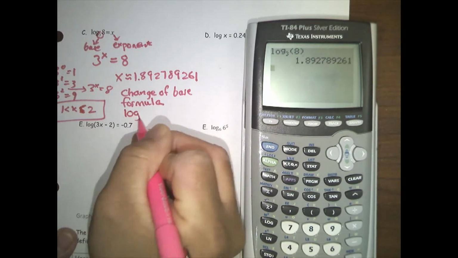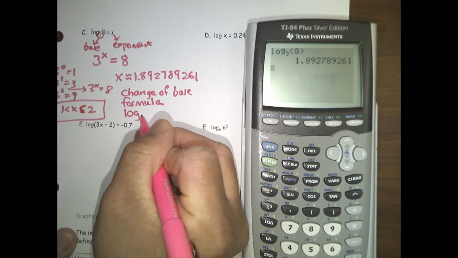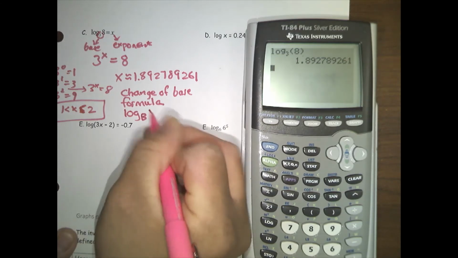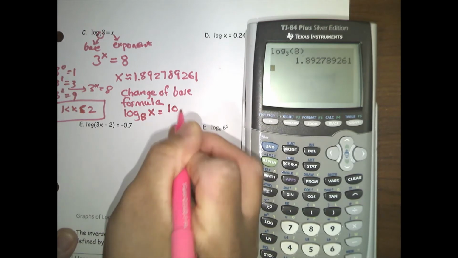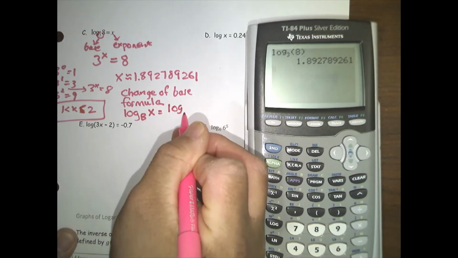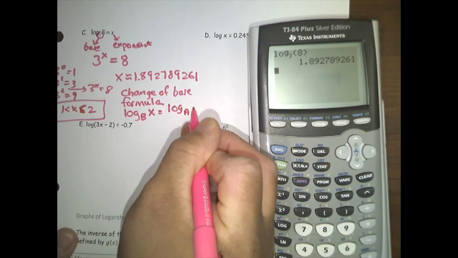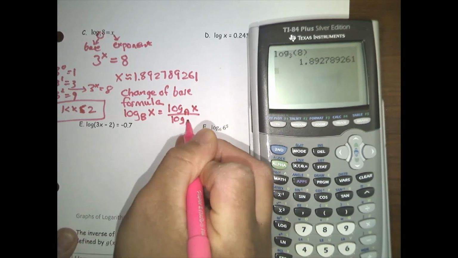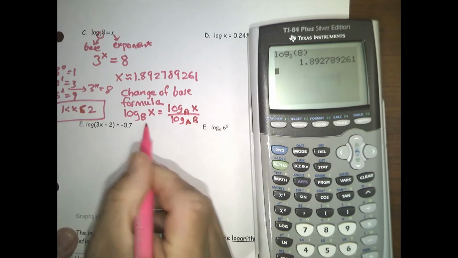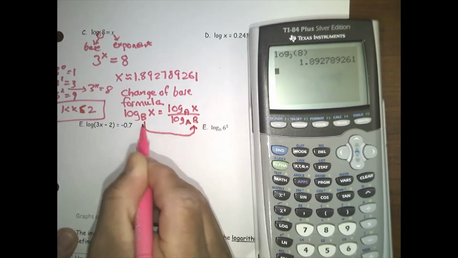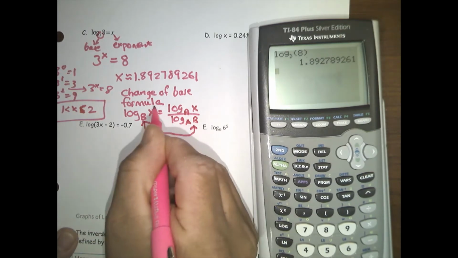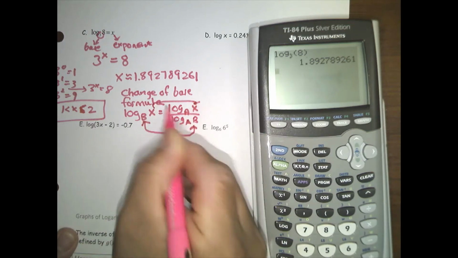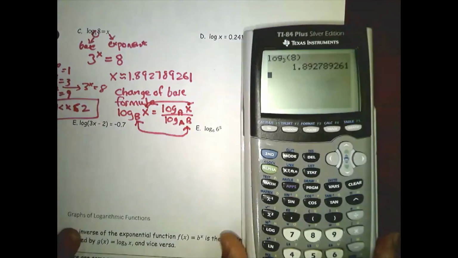So if you have log base b of x, that's log base, in any other base, like a of x over log base a of b. So the b is the argument for the denominator and the x is the argument for the numerator.